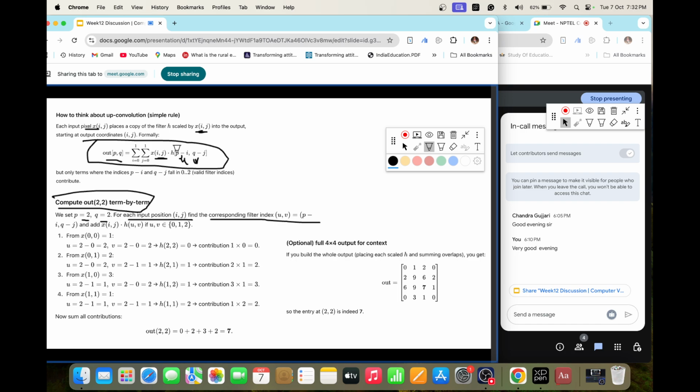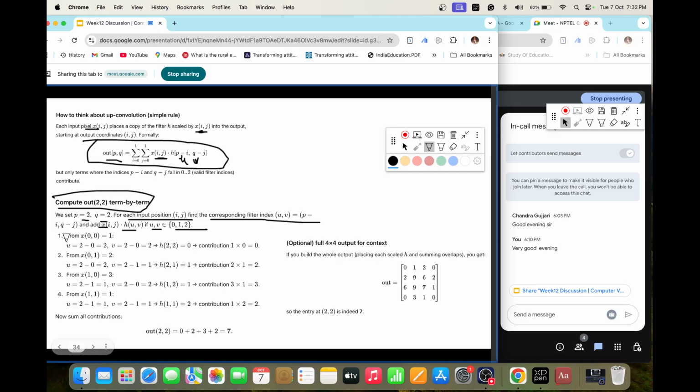So u is nothing but p minus i, and v is nothing but q minus j. Then add x i j dot h u v, where u v ranges over 0, 1, 2. So that is the whole thing.